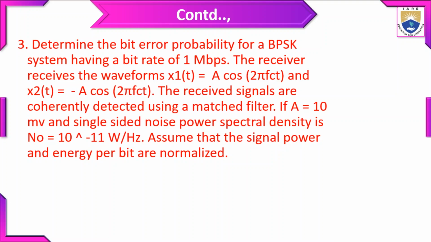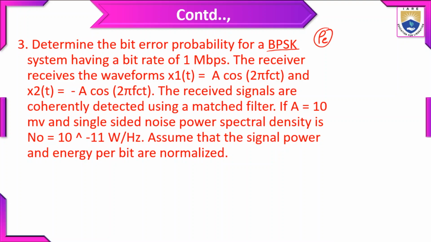Here also the same formula you can use, but only the data is different. Here also it is BPSK, binary phase shift keying. So what to determine? The bit error probability, nothing but PE, probability of error of BPSK.